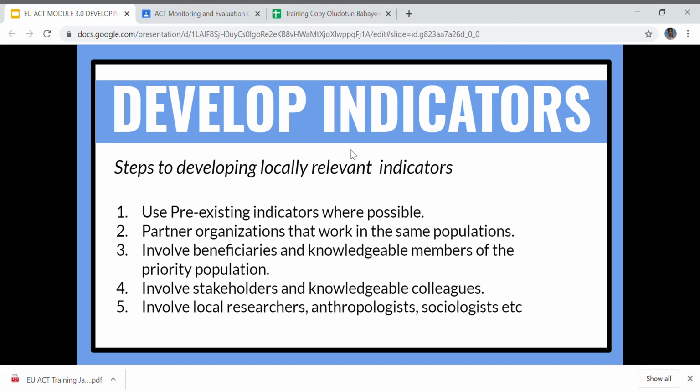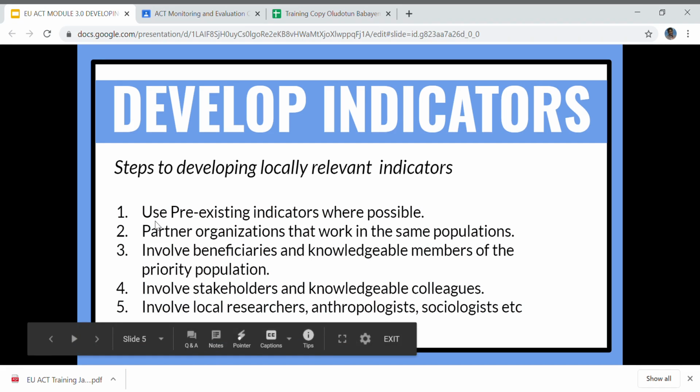What do we need to see to show that we have increased participatory budgeting in the health sector? What would we see to know that we have increased access to speedy justice for women? So think about all that. But basically, you can use pre-existing indicators where possible.